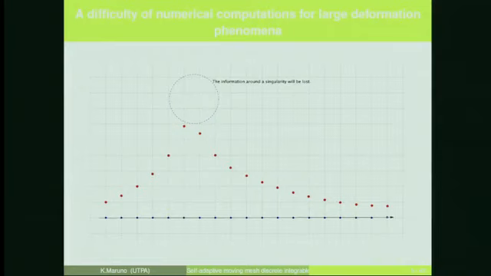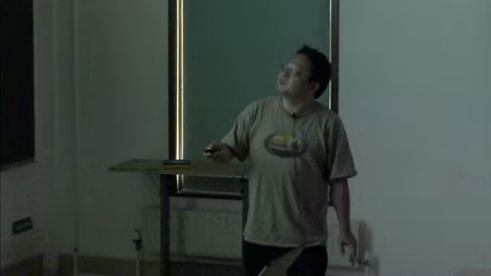Okay, so now let me explain the difficulty of numerical computation for large deformation phenomena. For example, suppose you have some wave, but around the peak there is some singularity or shock. If you have a finite difference scheme, and your peak is between mesh grid points, the numerical scheme just computes points on the mesh grid.